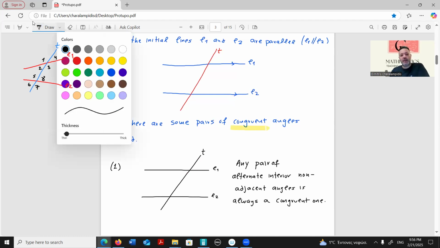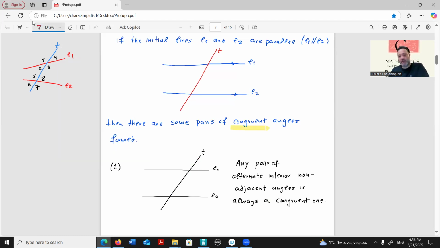Let's see again. Alternate interior, so they have to be both between lines L1 and L2, which makes them interior, but they should also be on different sides. So could it be this and that?